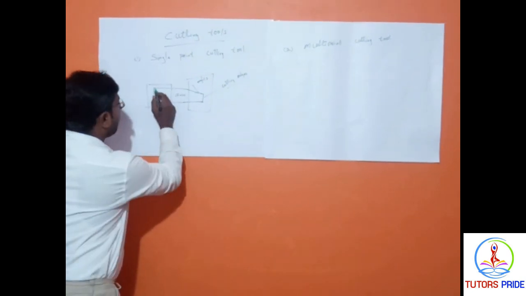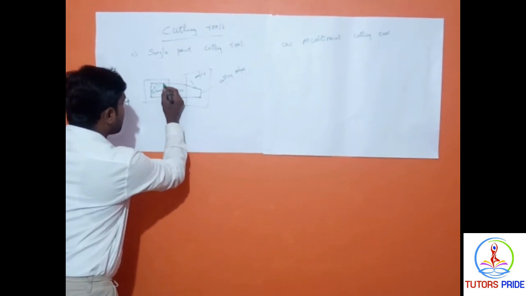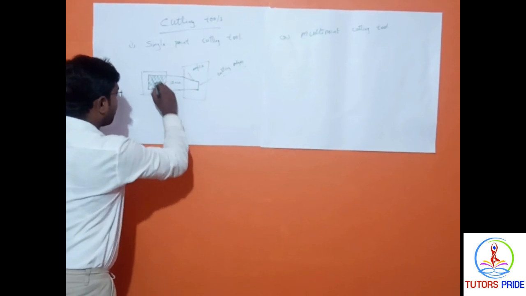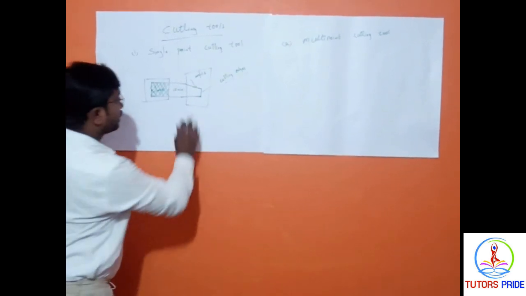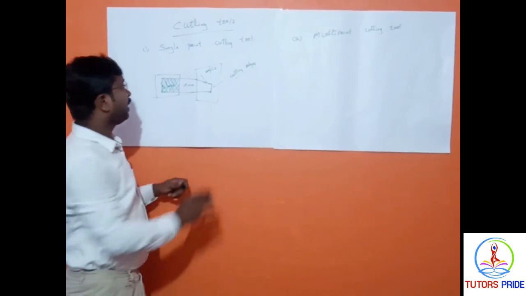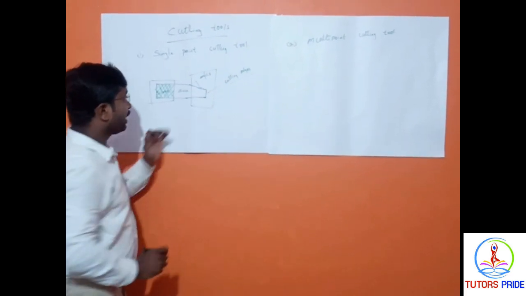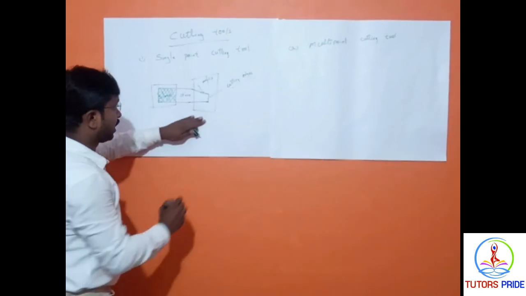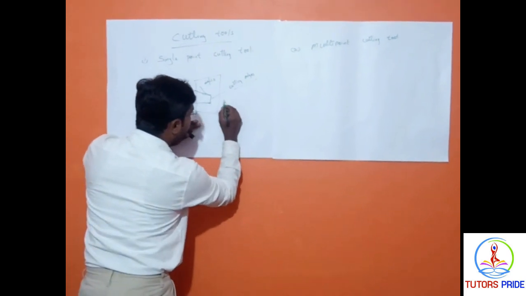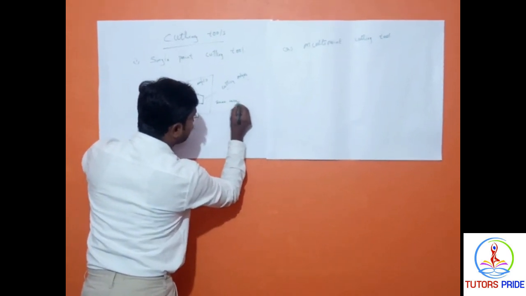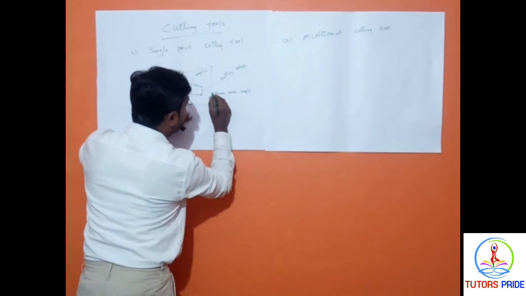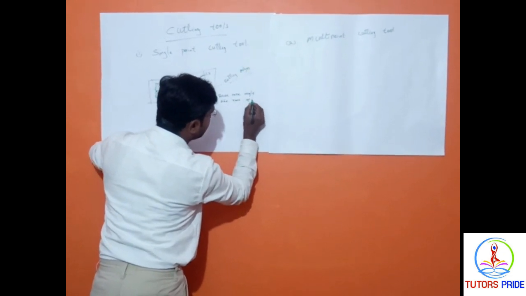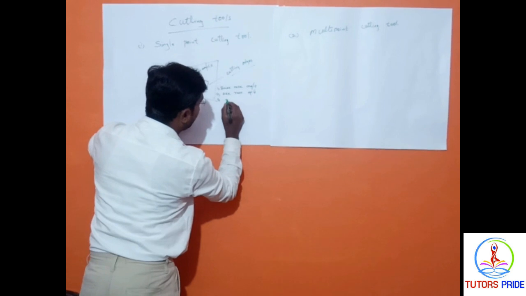This part we have shown totally with hatched lines. What is the hatched one? This line indicates the holder. This is called the face. The face part has the cutting edges, and these cutting edges are very important. Why? Because we have the back rake angle, side rake angle, and end rake angle.